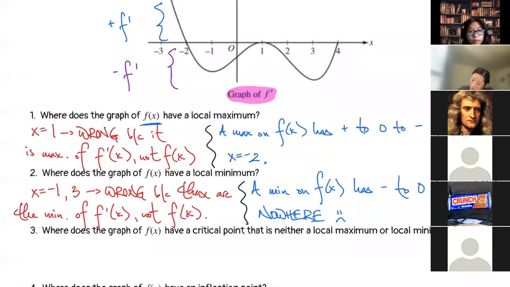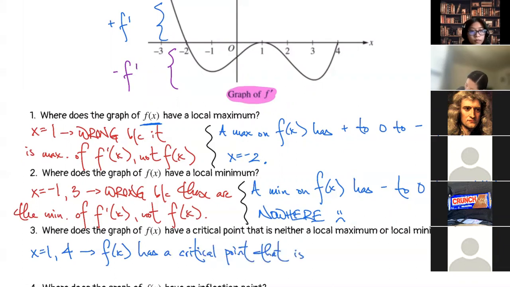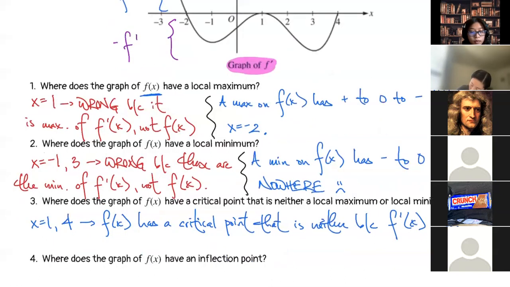Okay, so we can say that at x equals 1 and x equals 4, f of x has a critical point that is neither, because f prime of x does not change signs, meaning it doesn't go from the positive to the negative or the negative to the positive. Okay.